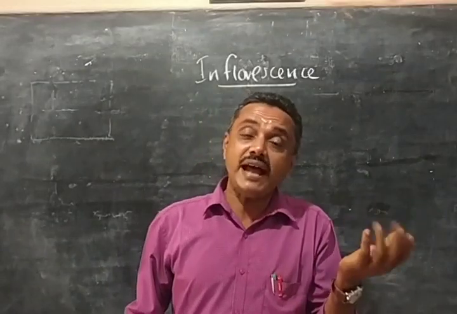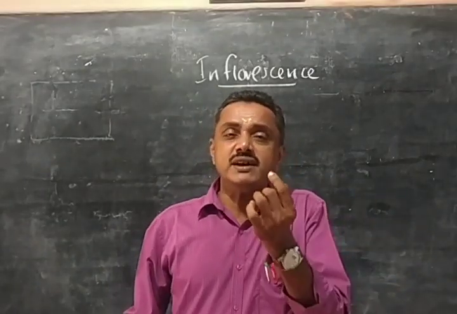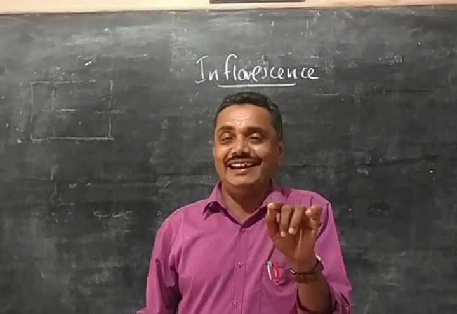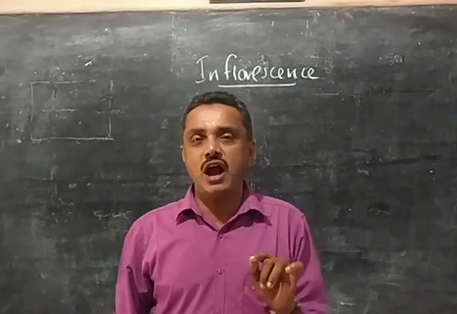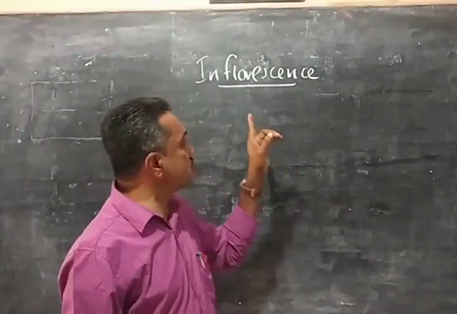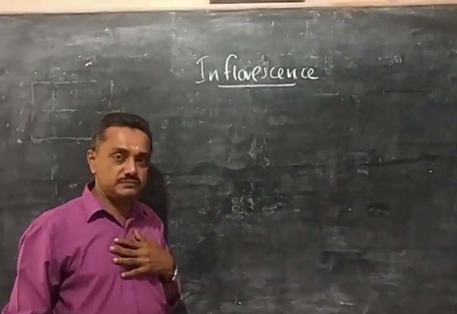But in plants like Ixora, coconut, jasmine, flowers are very small and are seen as a group. A group of flowers is called inflorescence.